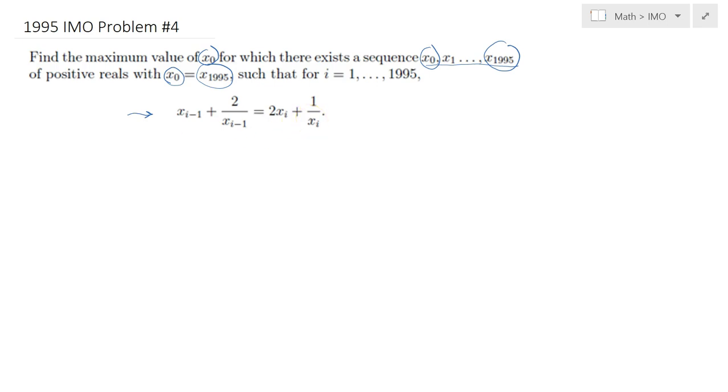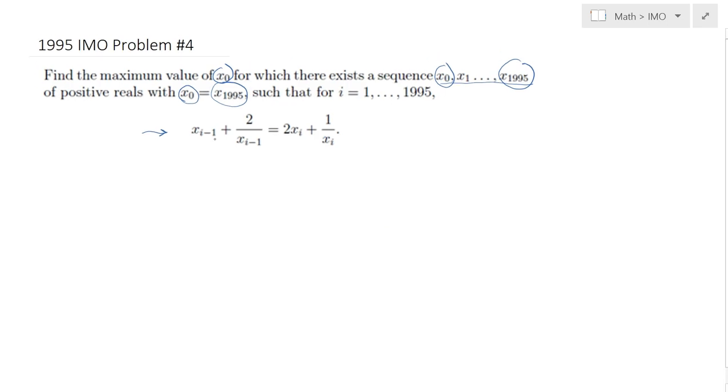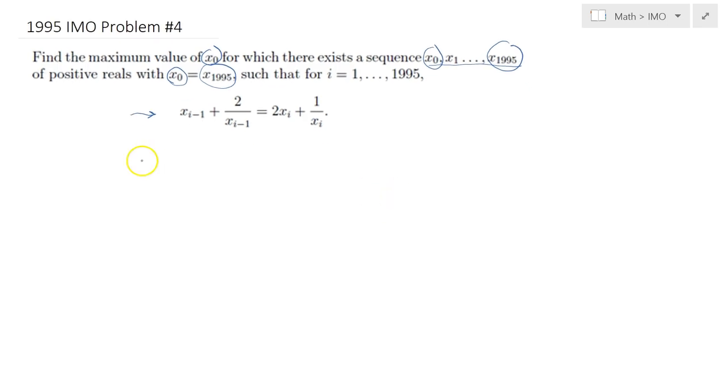Okay, so let's start by first seeing if we can find a simpler form. So this thing, we can just find common denominators and expand it. We would get x sub i times x sub i minus 1 squared plus 2, which is equal to x sub i minus 1 times 2x sub i squared plus 1.